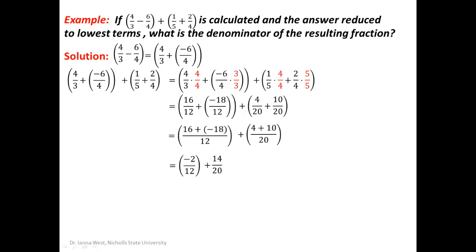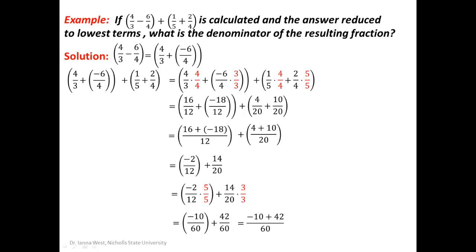So we will multiply the first fraction by 5 over 5 and the second fraction by 3 over 3. Multiplying the numerators and multiplying the denominators of the products gives us negative 10 over 60 plus 42 over 60.